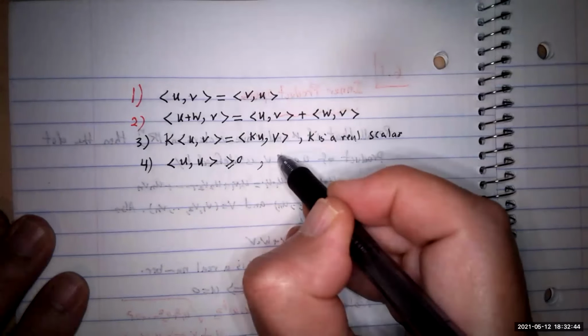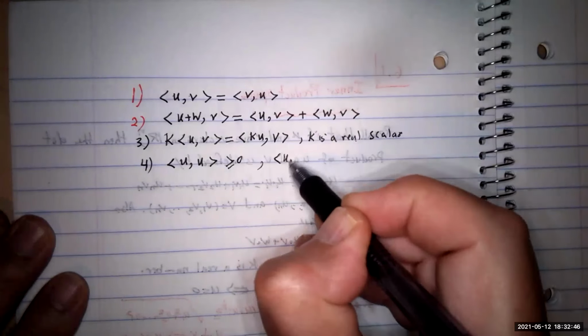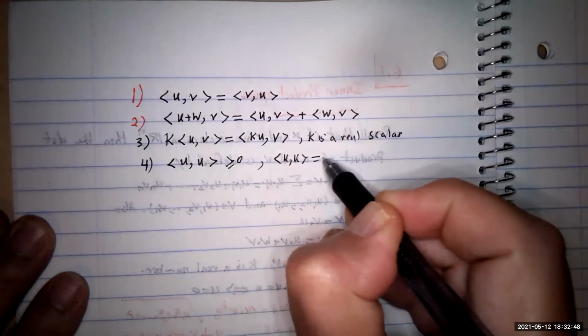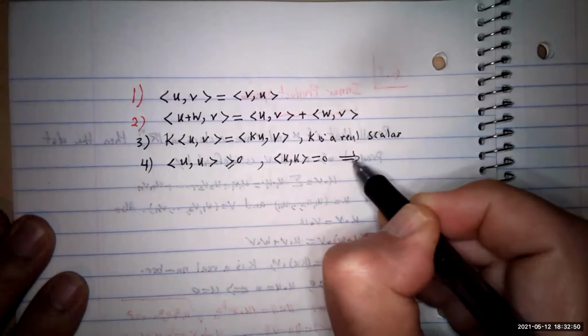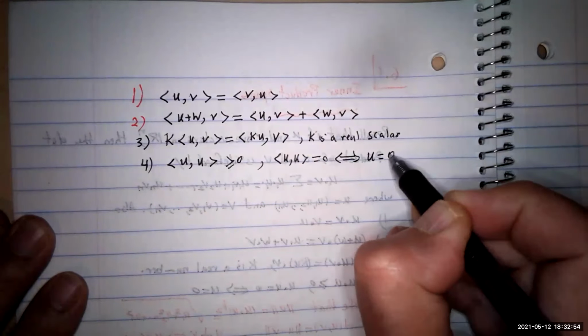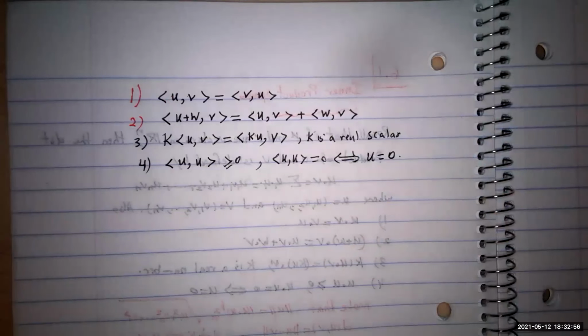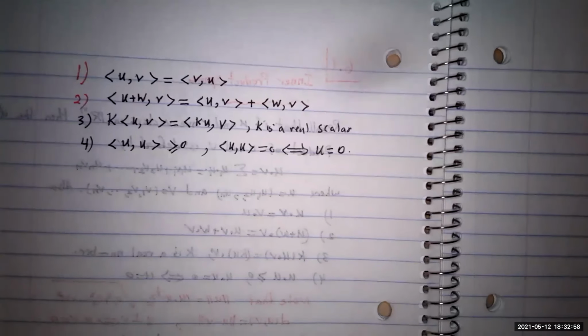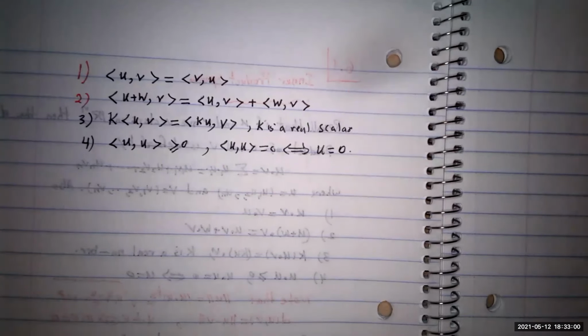And it's going to be equal to zero if and only if the vector u is just the zero vector. So exactly the conditions that we talked about are satisfied over here.